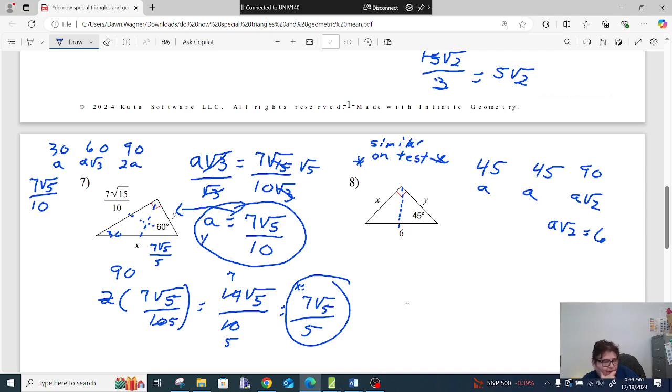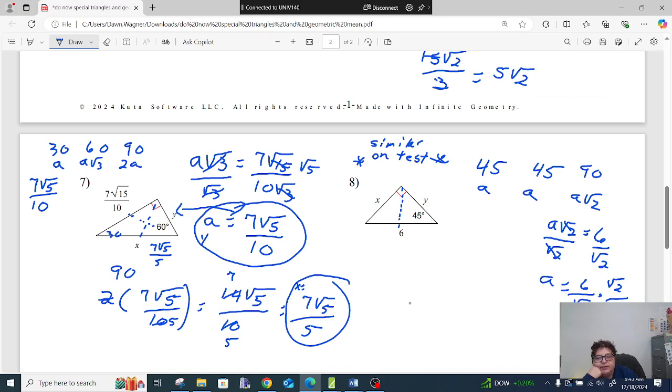How do I solve for a? By dividing by square root 2. This cancels. a is equal to 6 over square root 2. But I can't leave it that way. I have to rationalize the denominator. How do I rationalize the denominator? Multiply by square root of 2 over square root 2.